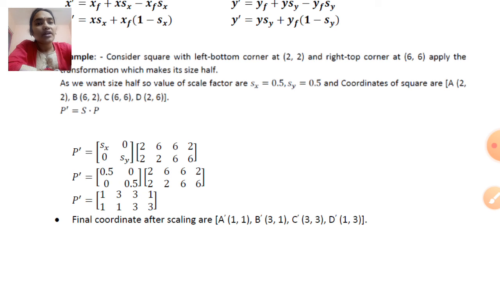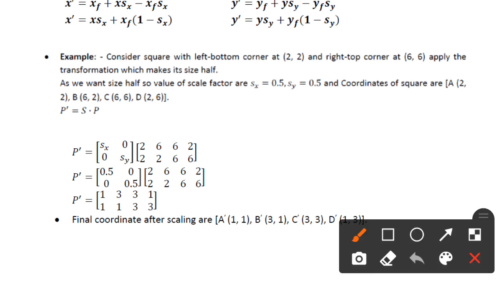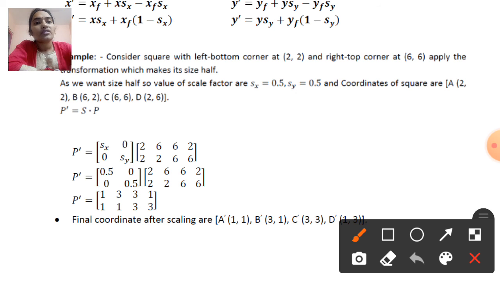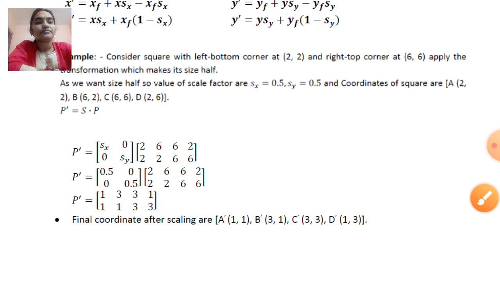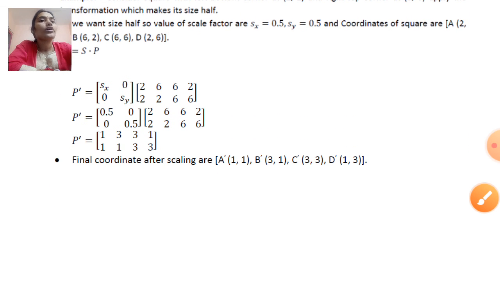Here sx is 0.5 and sy is also 0.5. When we put in the values of sx and sy, we multiply these two matrices and get the resultant matrix. So the final coordinates after scaling are A dash (1, 1), B dash (3, 1), C dash (3, 3), D dash (1, 3).